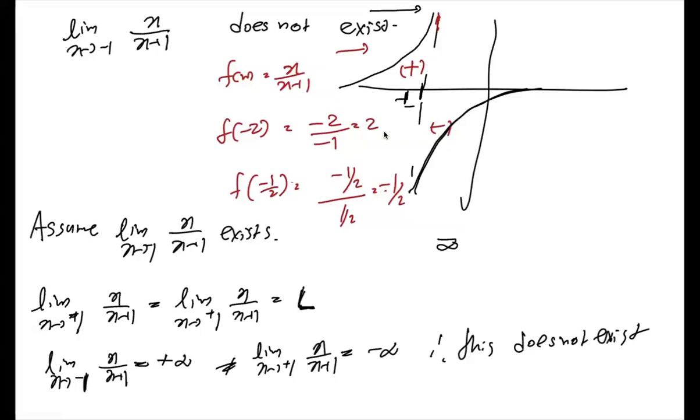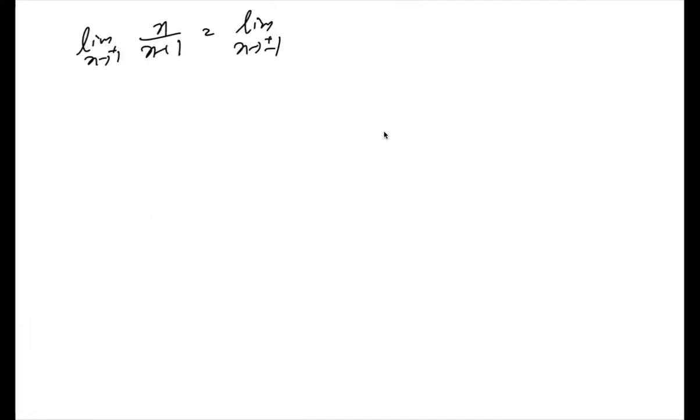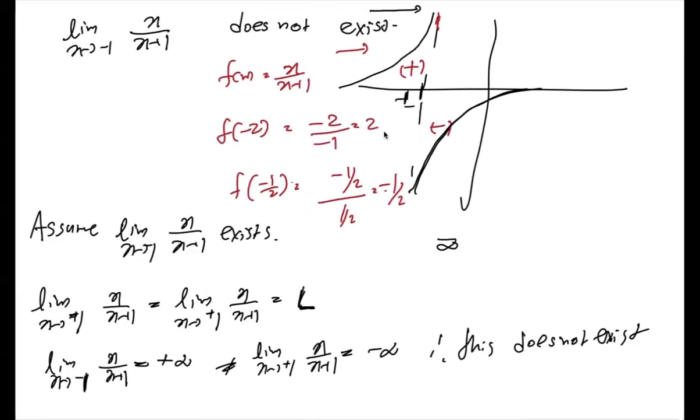In another case, if you need to simplify the calculations, you can consider the limit as x goes to minus 1 of x over x plus 1. This is the way that you need to go, because it is not going to 0, it is going to minus 1.